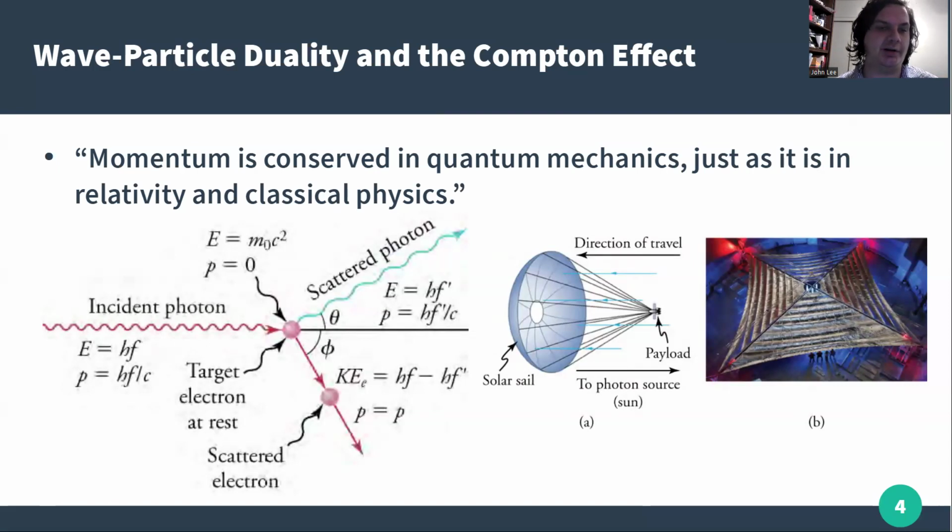So you have a photon, and if it runs into an electron, then it's going to cause there to be a scattered photon and an electron which have momentum, and then that momentum is going to be conserved.